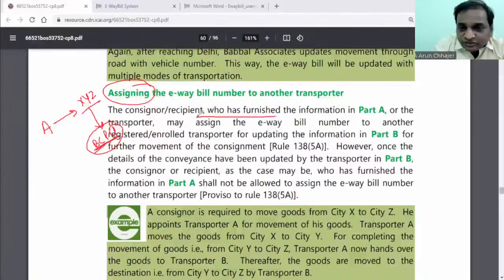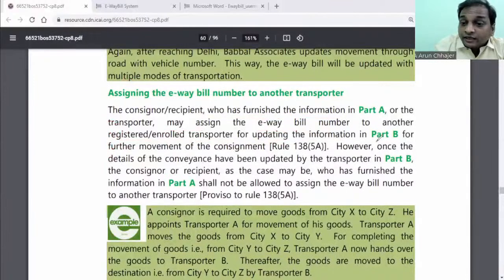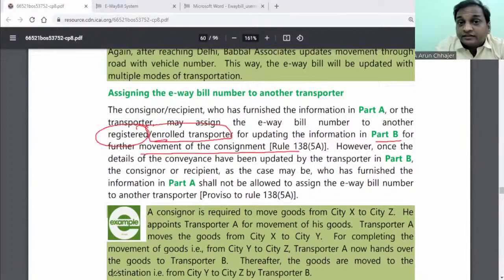The consignor who has furnished the information in Part A, or the transporter, may assign the Eway Bill number to another registered or enrolled transporter for updating the information in Part B for further movement of the consignment. Please note why registered/enrolled transporter is written, because a transporter can be registered, or even an unregistered transporter can himself enroll on the Eway Bill portal and generate the transporter ID.